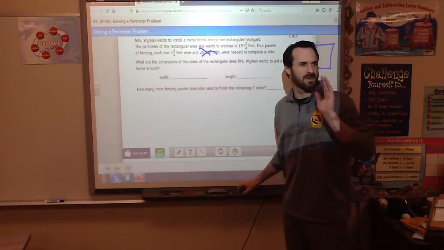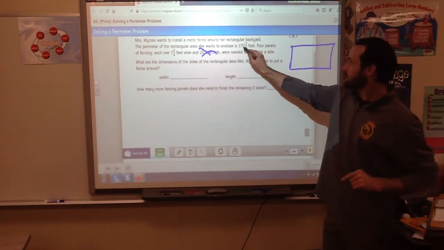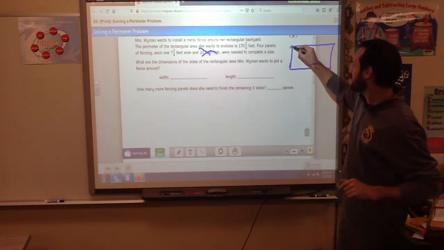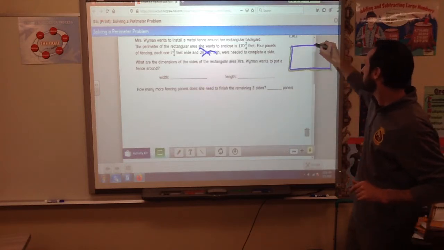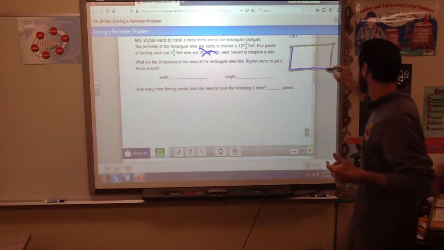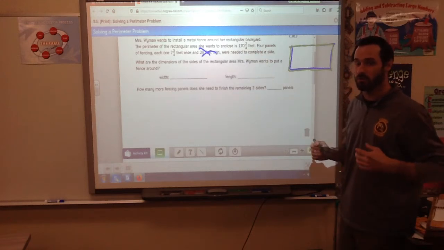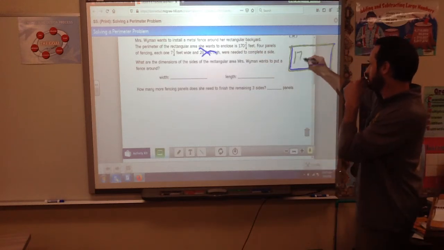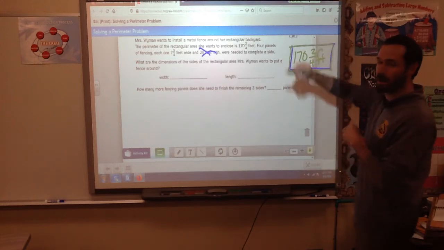I'm not even sure if this is an accurate representation, but it really doesn't matter, because if you started walking from right here and went all the way around this enclosure, that's the perimeter. Or if we put a fence that enclosed all of this, it's this 170 2/4 feet all the way around.